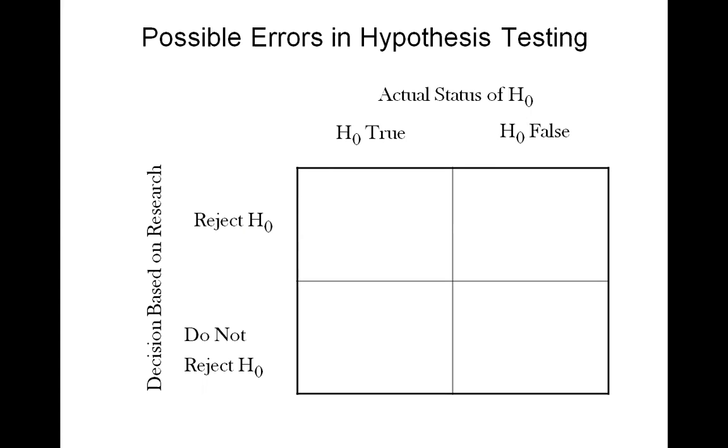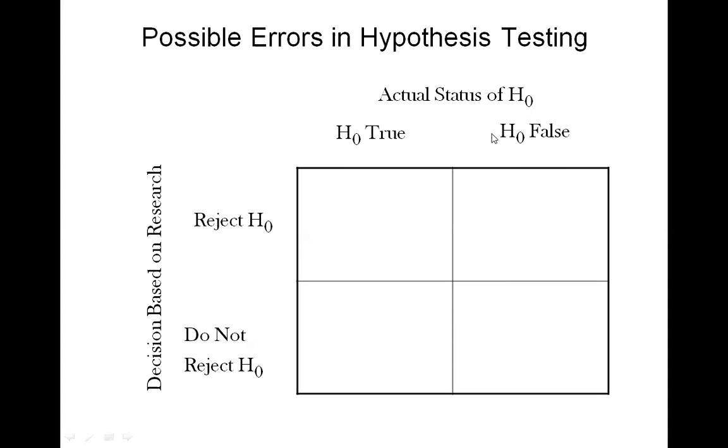Remember, what kind of variables do we call this? Two options, two possible values, two alternative options, true or false, binomial. That is binomial. And these are mutually exclusive. If the null hypothesis is true, it cannot be false at the same time.